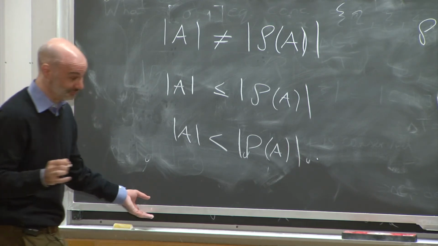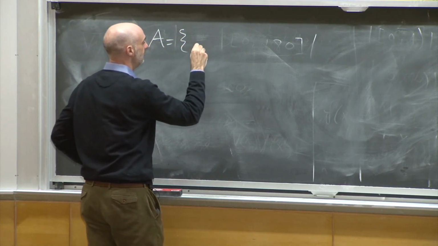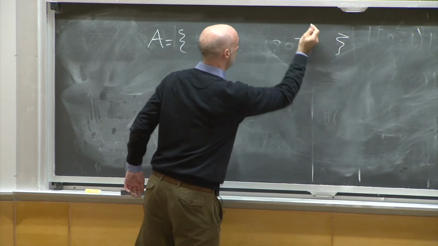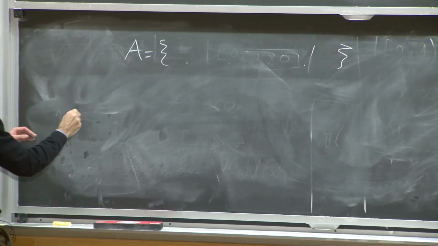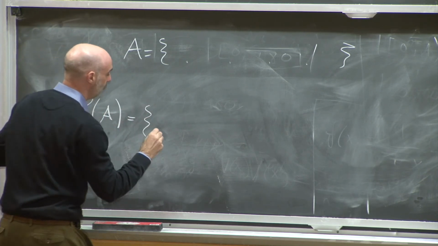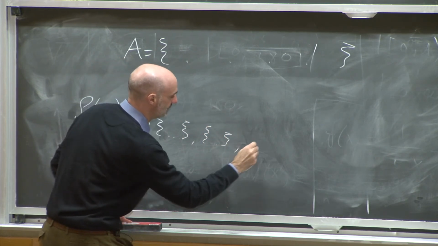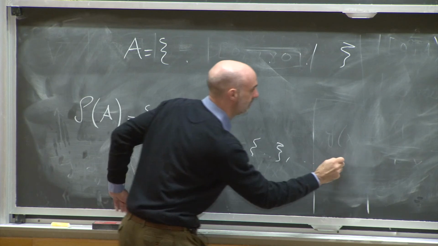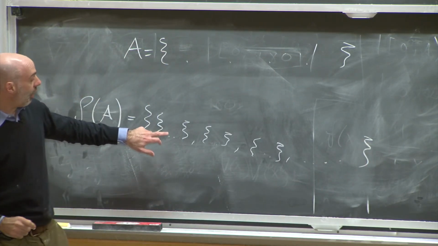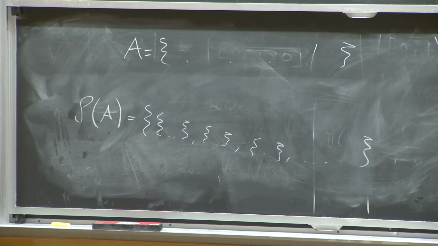Okay, so here's the proof. So take A, that includes a bunch of things, possibly infinitely many things, and then take A's power set, which includes a bunch of sets, which are all composed of elements of A. And we're going to proceed by reductio.